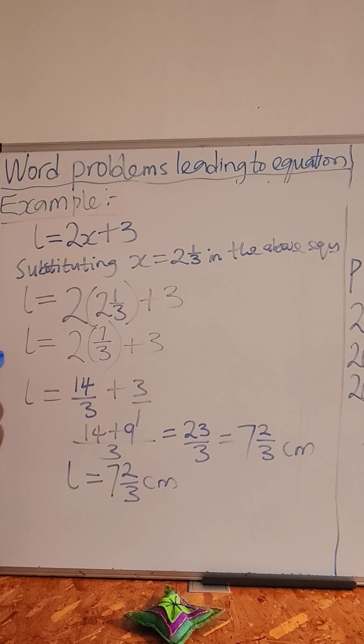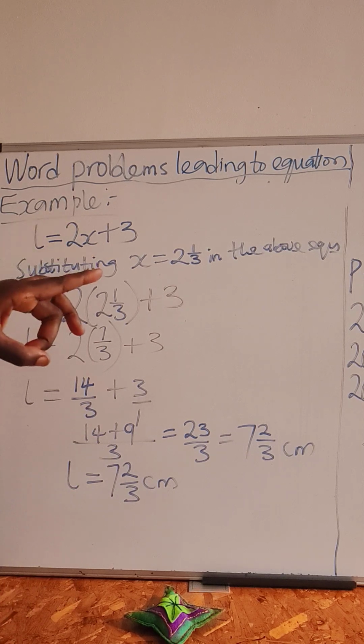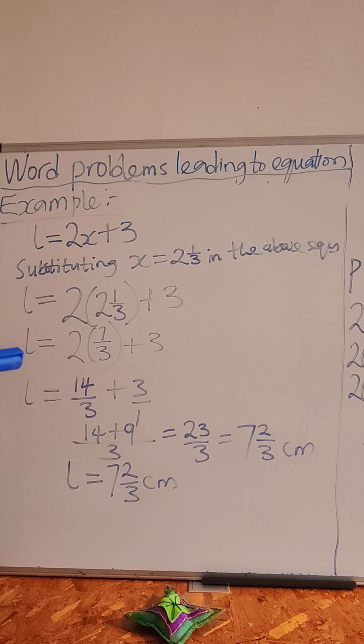The perimeter P is 20, it's been given. But with this work done, that 20 centimeter can be confirmed by writing the formula of the perimeter of a rectangle and supplying the length, which has been worked out correctly, and the breadth, which has been worked out correctly, into the formula and working it out. Viewers, you're going to get the perimeter to be equal to 20 centimeter. That is trying to confirm the authenticity of this work done.